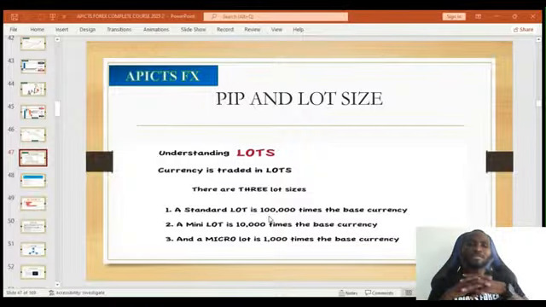Do you get it? So I don't necessarily have to say I lost or won so and so amount on that trade.